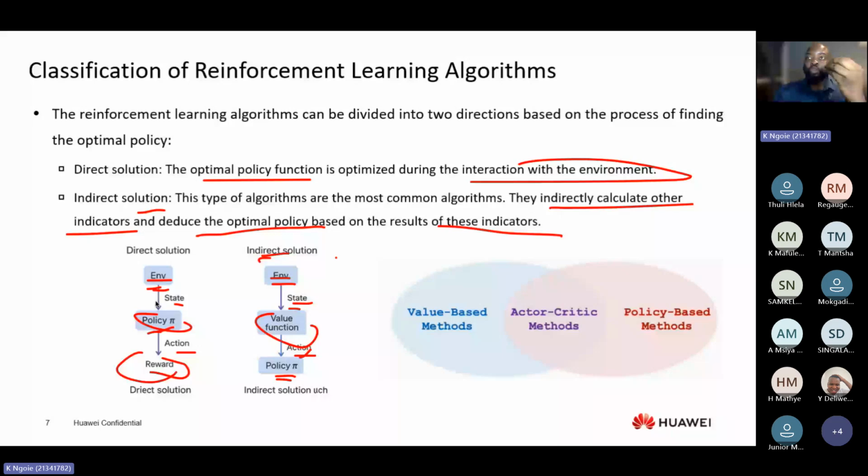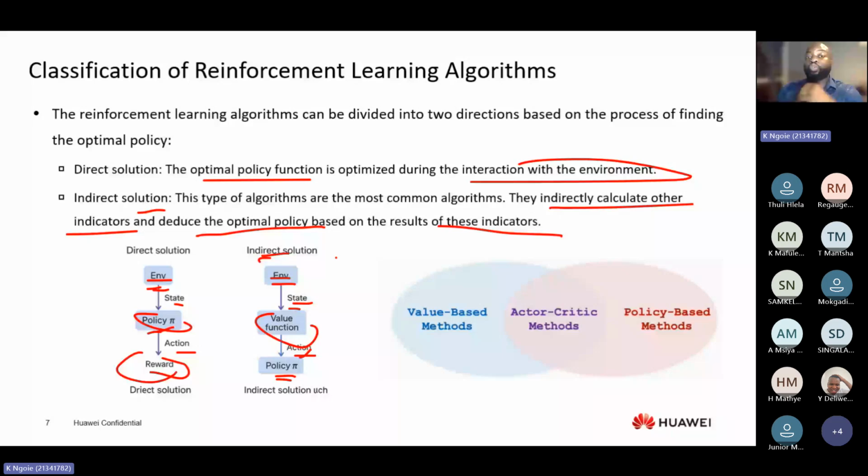So there are no values that are set before. The problem with this is that sometimes when you don't have a lot of samples to learn from, it becomes a problem. You're going to need a lot of samples for the machine to really learn perfectly.